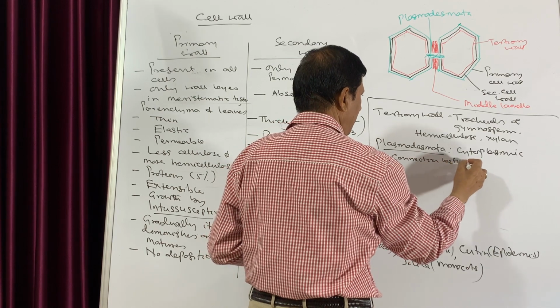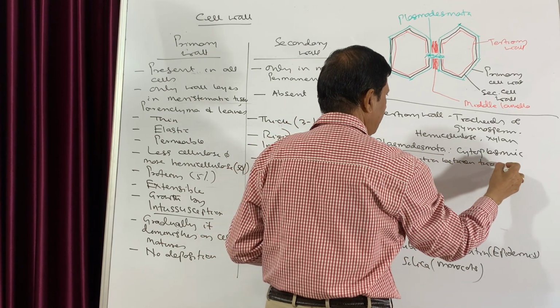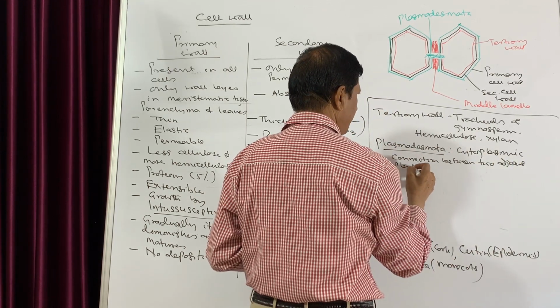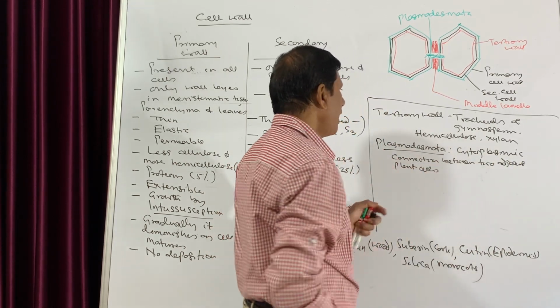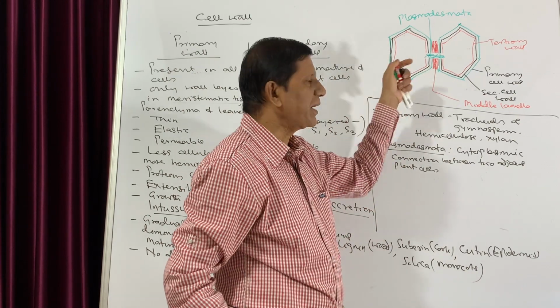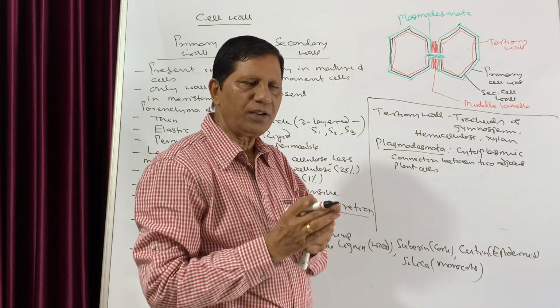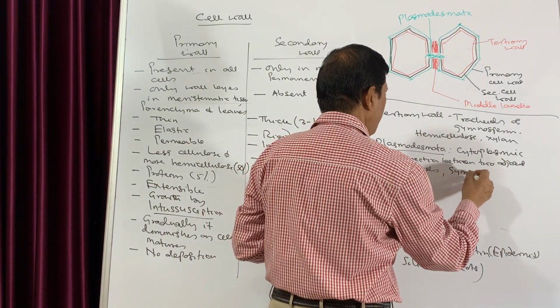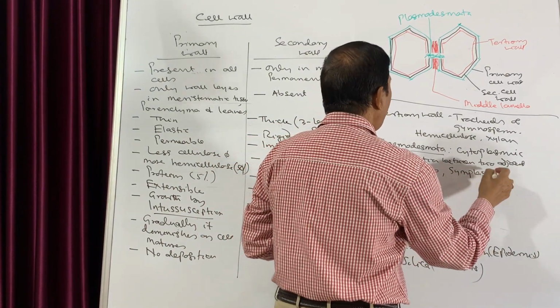between two adjacent cells, two adjacent plant cells, and because it makes a cytoplasmic connection, that means we can call it symplastic.